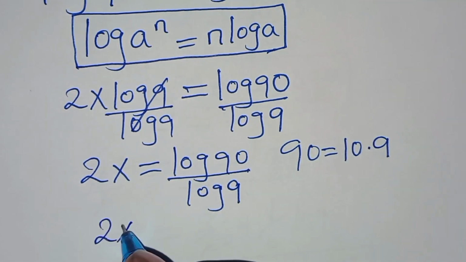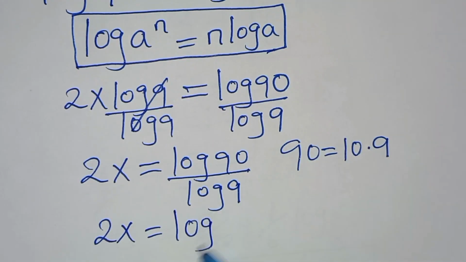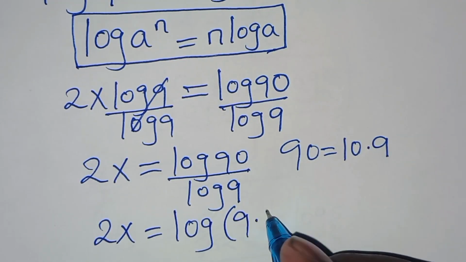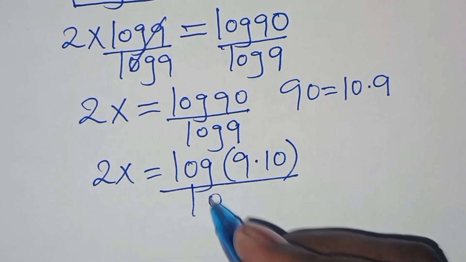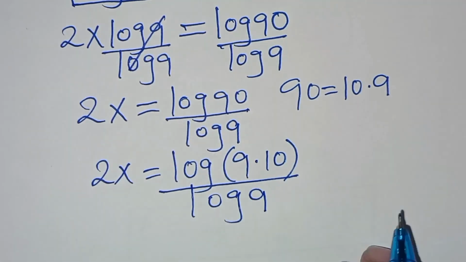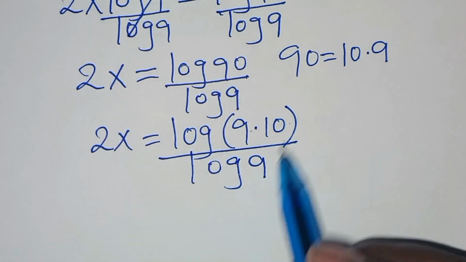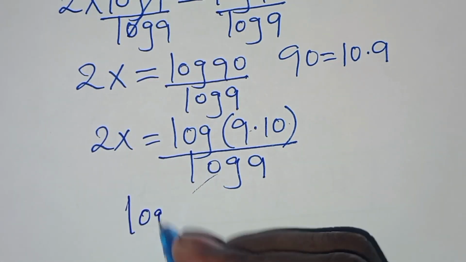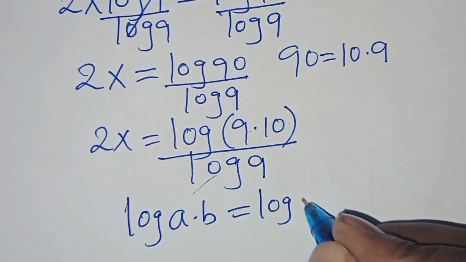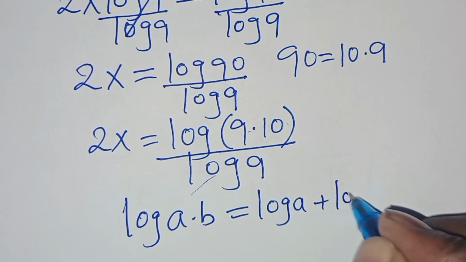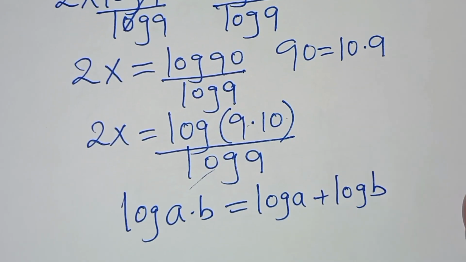We have 2x. This is equal to log 9 times 10 divided by log 9. So log 9 times 10, this is in the form of log a times b, which we can express as log a plus log b.